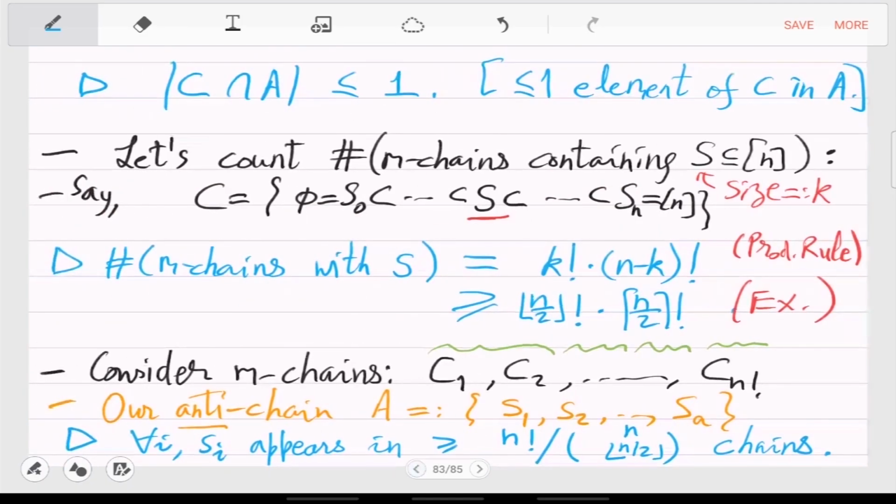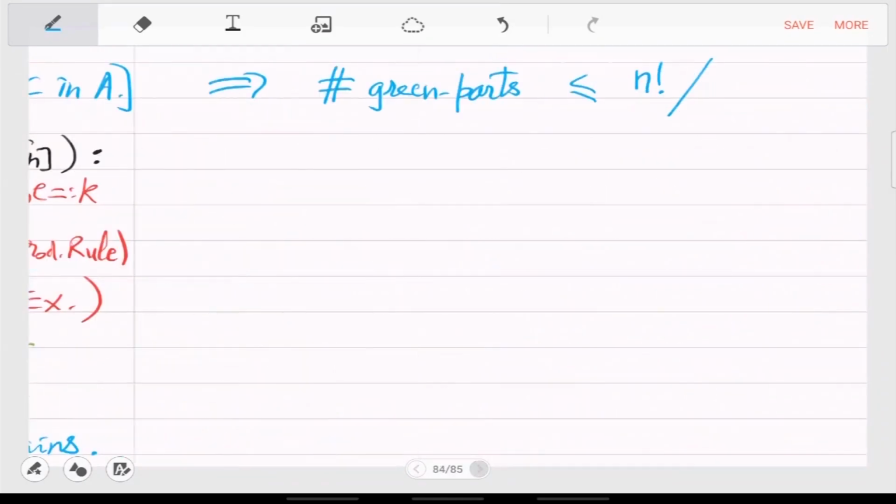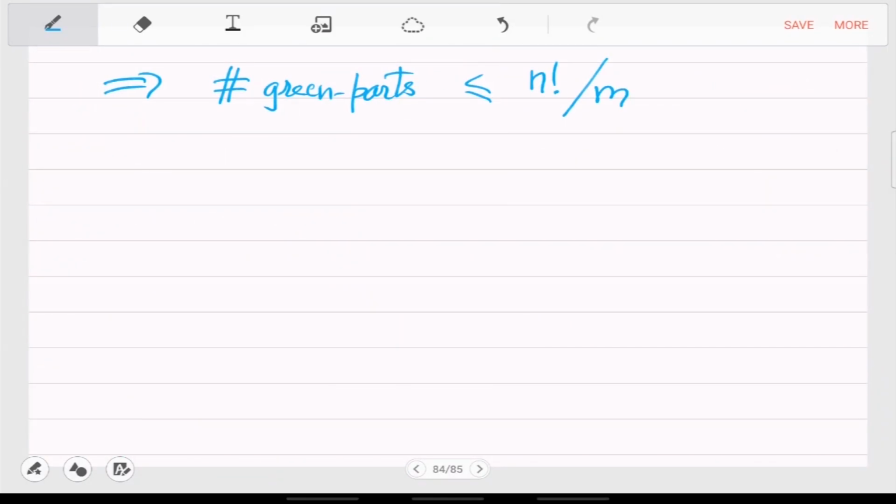So let's call this something. Let's call it m. So n factorial by m, which is n choose n by 2.